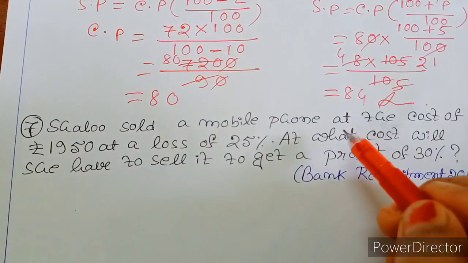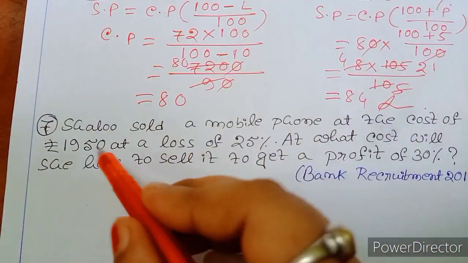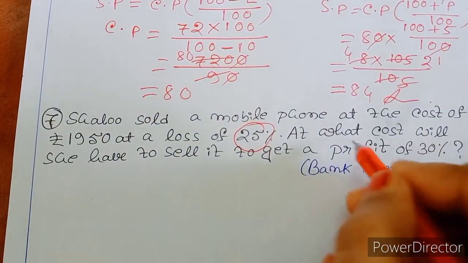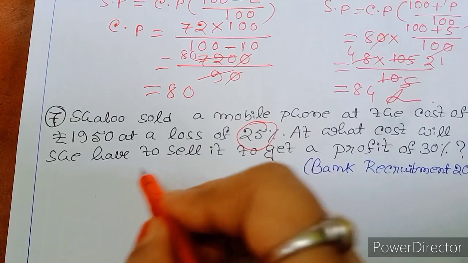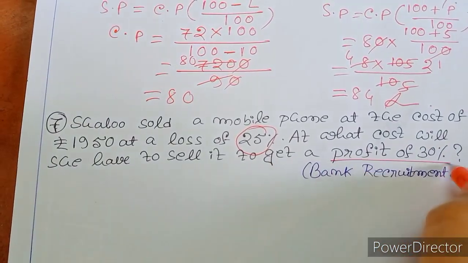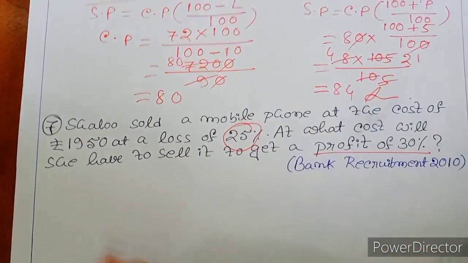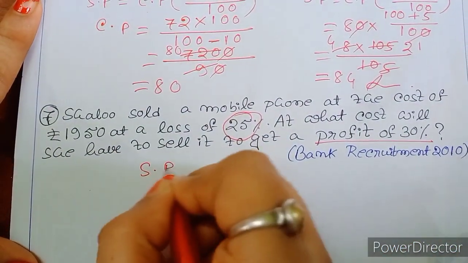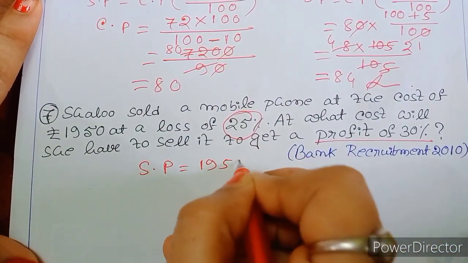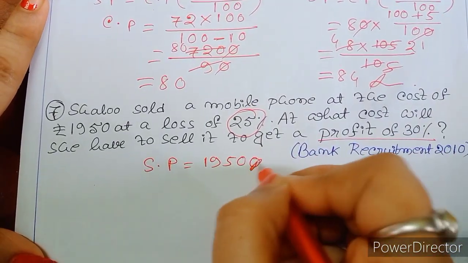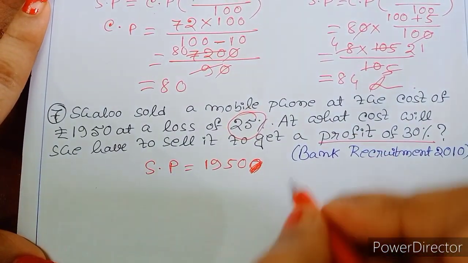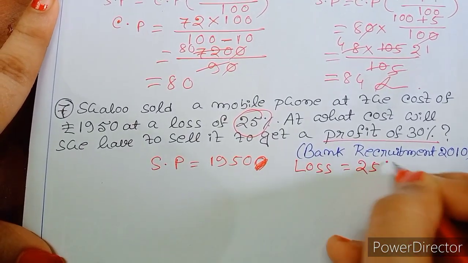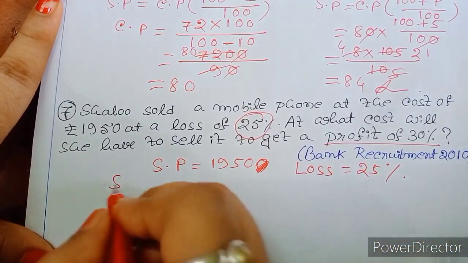Salo sold a mobile phone at the cost of 1950 at a loss of 5%. At what cost will she have to sell it to get a profit of 30%? So here the same question. Selling price equal to 1950 and here loss equal to 25%. So how do we find the cost price?